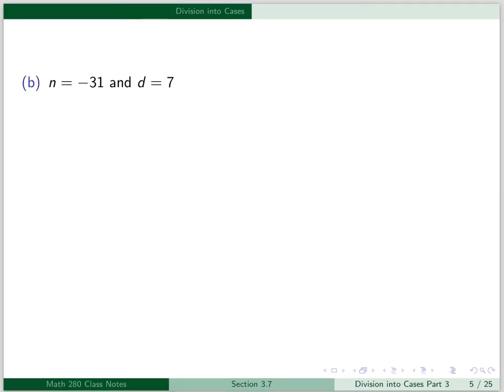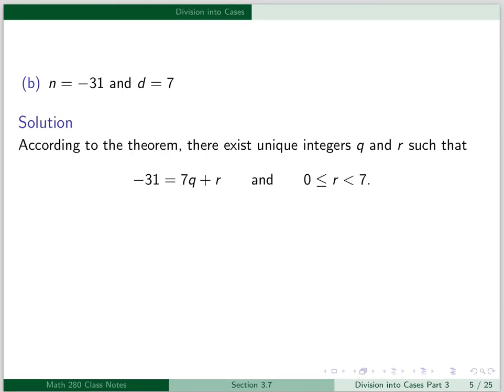For our second pair of numbers, let's take n is equal to negative 31 and d is equal to 7. According to the theorem again, there exist unique integers q and r such that negative 31 is equal to 7q plus r and 0 is less than or equal to r is less than 7.